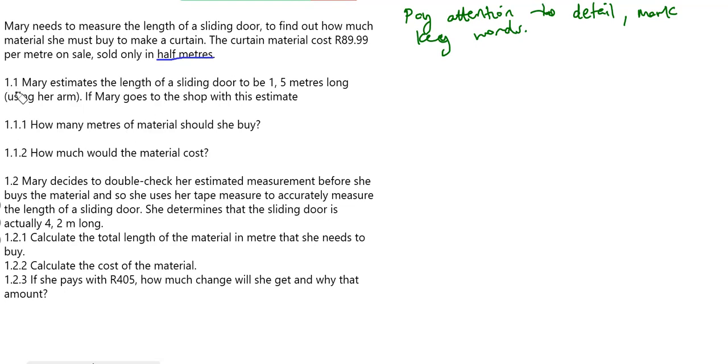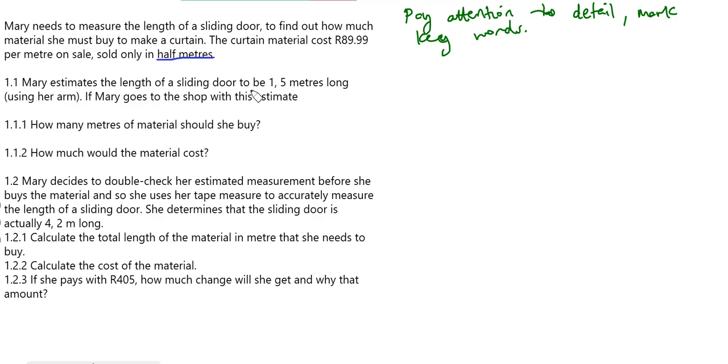Now let's look at the first question here. Mary estimates the length of the sliding door to be 1,5 meters long using her arm. If Mary goes to the shop with this estimate, how many meters of material should she buy?